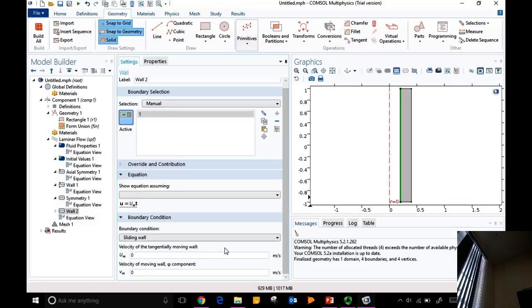So the tangent vector is actually split for you into two ways, right? So velocity of the tangentially moving wall, velocity of moving wall, phi component. That's what we need to specify, right? Because it is having only phi component, right? So we can put in a value. What value you want to put in? Maybe 1. Just to get you started, right? You can put any value that you want.